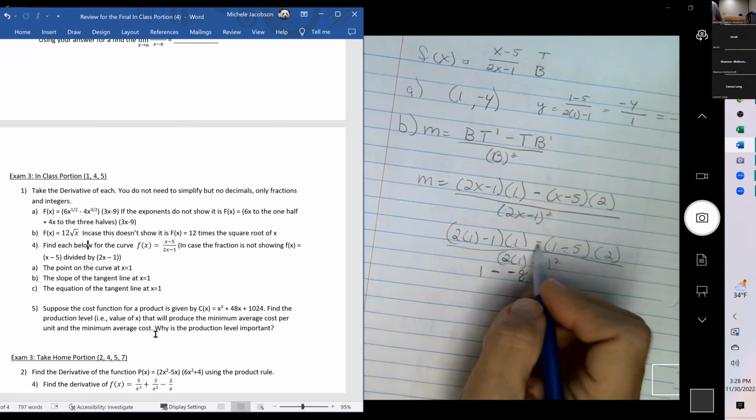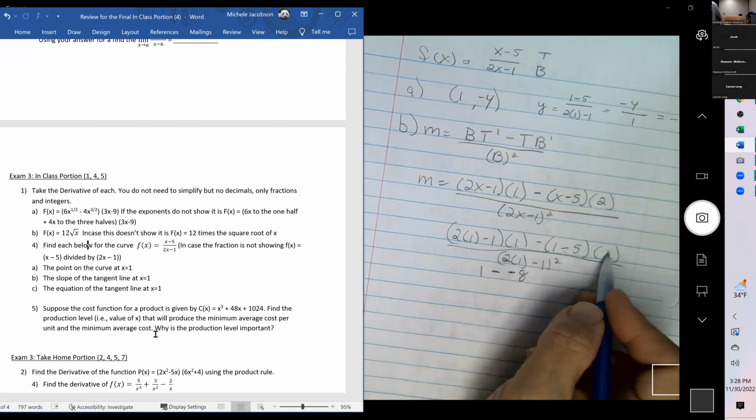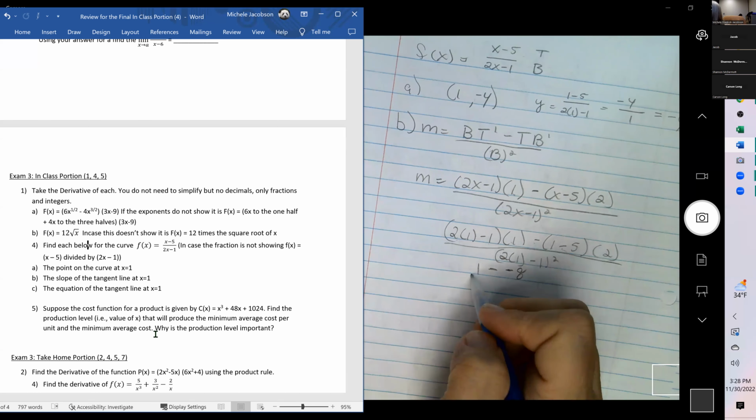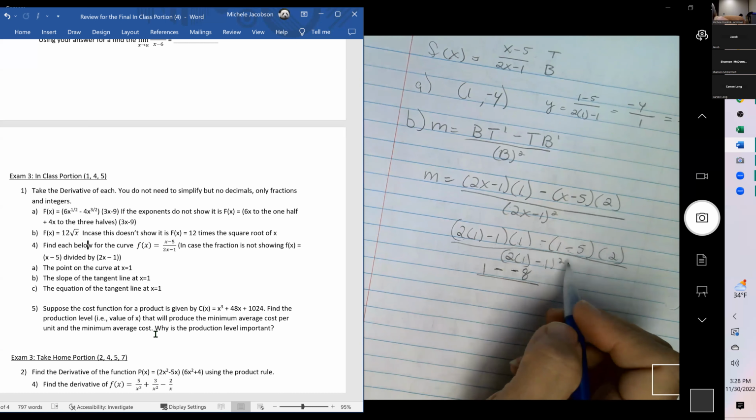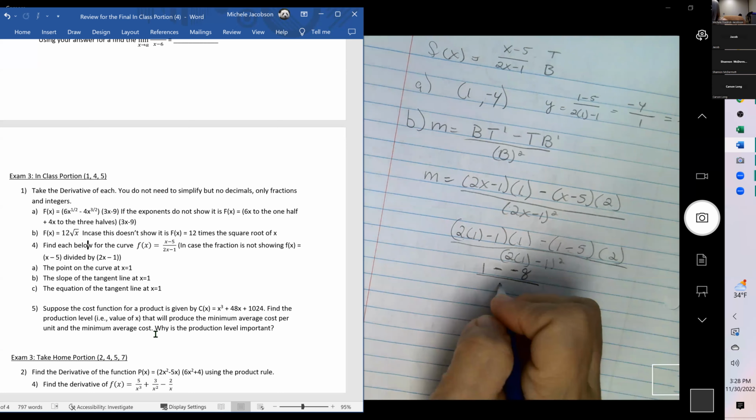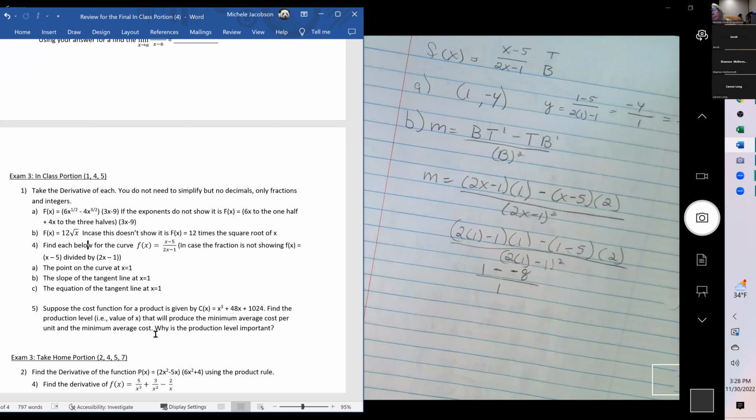So this is the first negative, and then this is negative 4 times 2, which is negative 8, all over 2 minus 1, which is 1, squared is 1. Any questions so far?